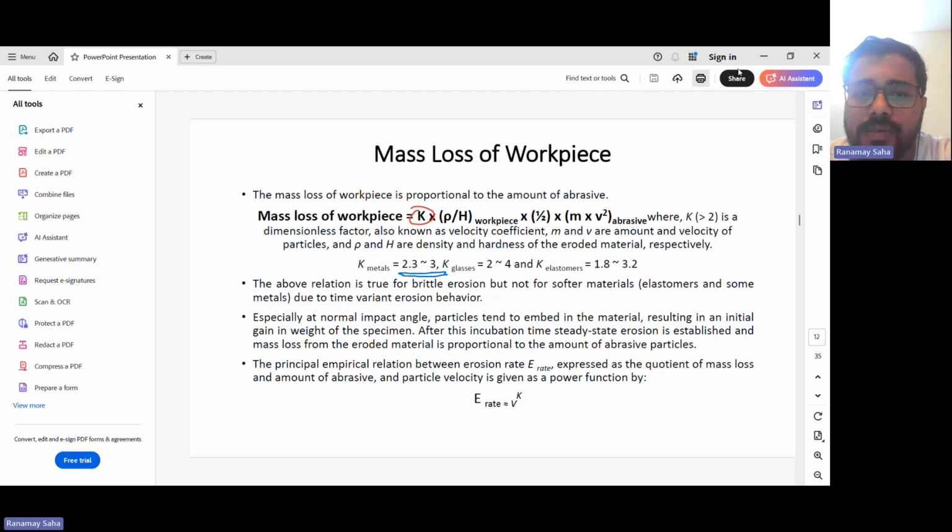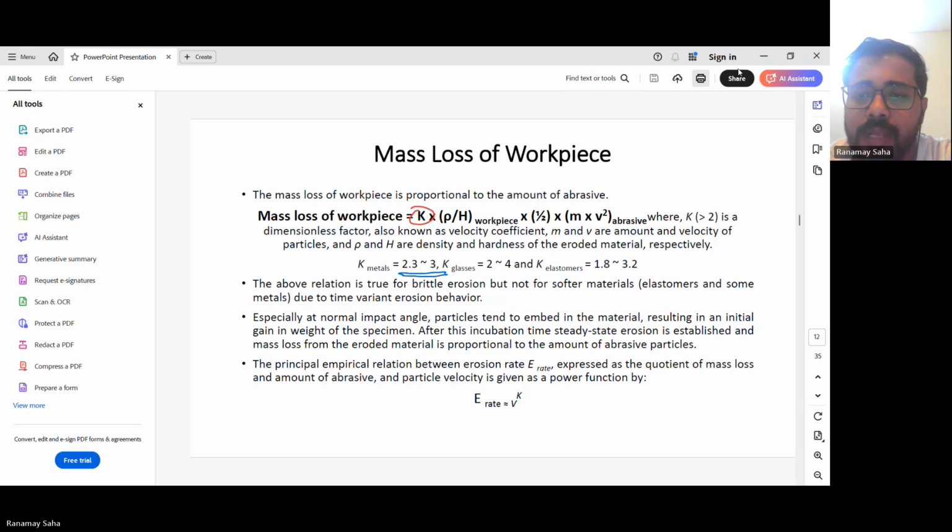All right. So here you can see the formulation for mass loss of workpiece where K is called the velocity coefficient, which is a dimensionless factor, and the value varies between 2.3 to 3, found out empirically in the case of metals. In the case of glasses, the value varies from 2 to 4, and in the case of elastomers, the value varies from 1.8 to 3.2.